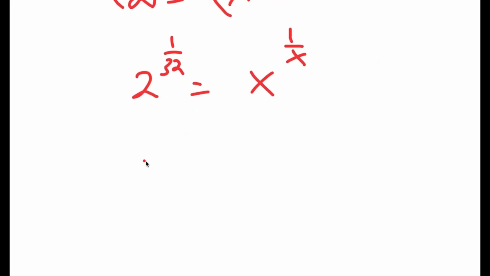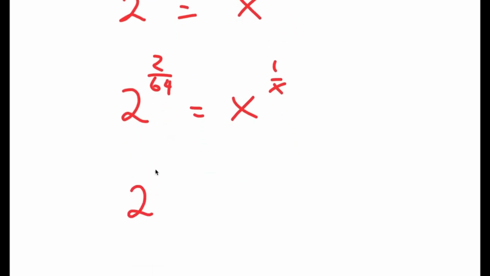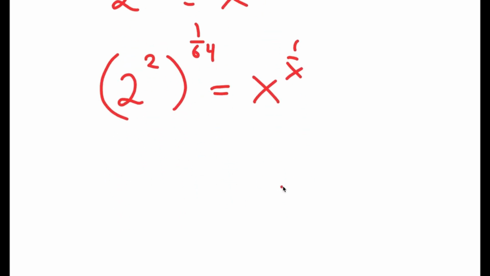Now, 1 over 32 is the same thing as 2 over 64. And this is the same thing as 2 squared to the power of 1 over 64. And 2 squared is equal to 4, so I get 4 to the power of 1 over 64 is equal to x to the power of 1 over x.